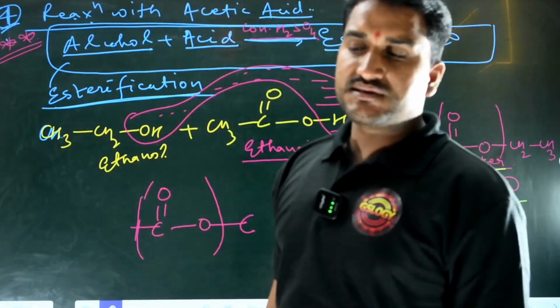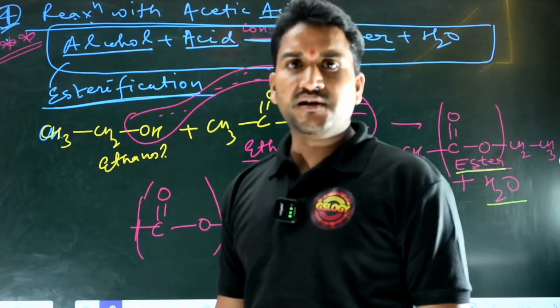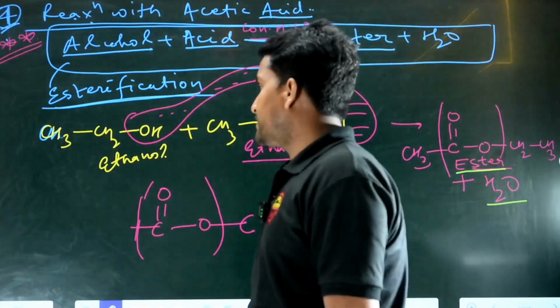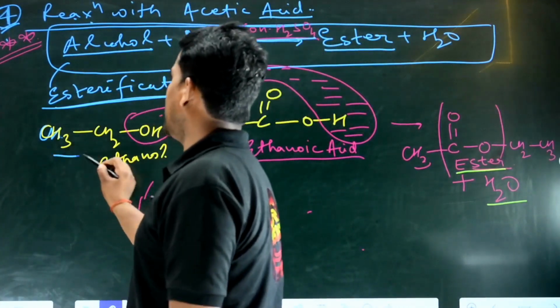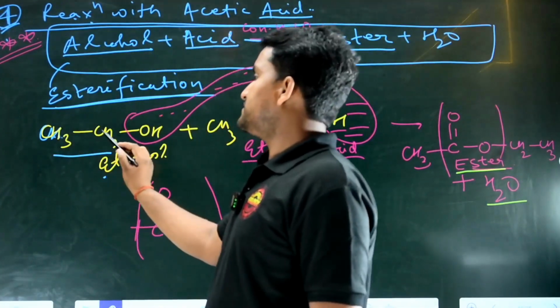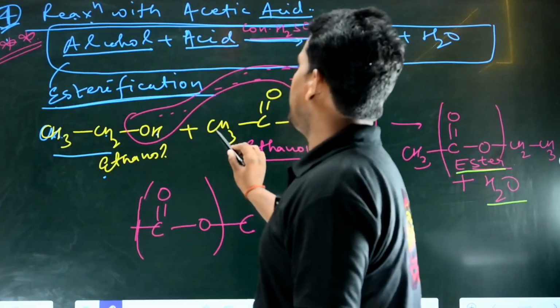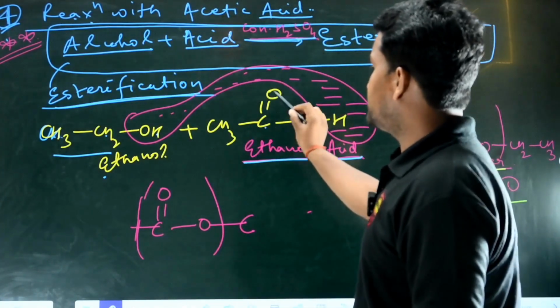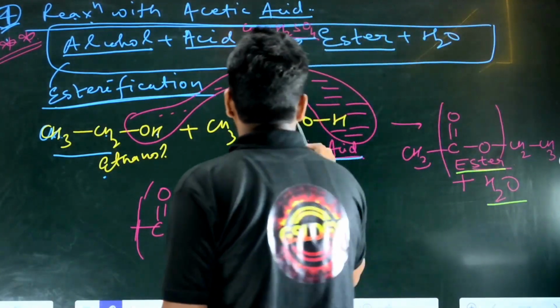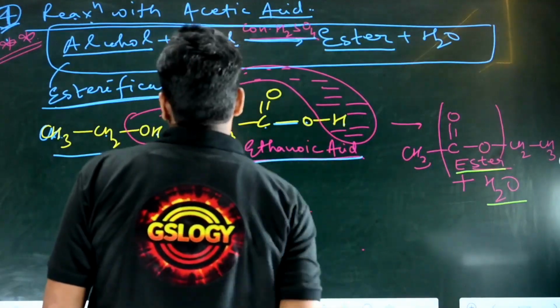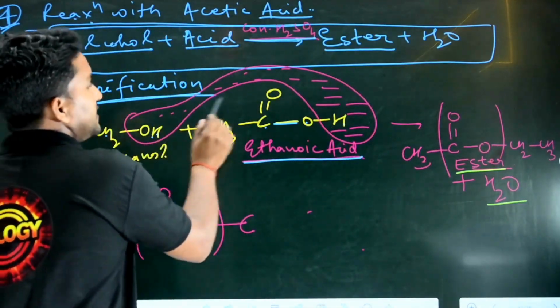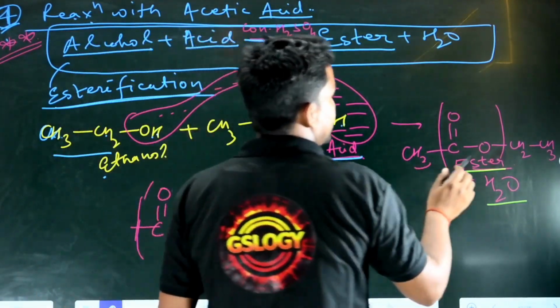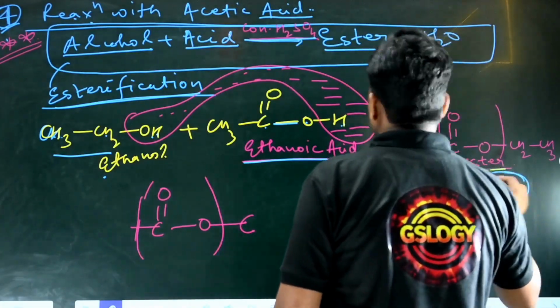That's why this reaction is called esterification. Here it is ethanol, CH3CH2OH, plus ethanoic acid, CH3C double bond O, single OH. The OH and H will form H2O.